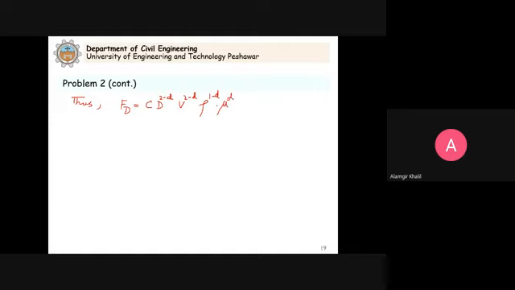Now you just need to simplify this. So when you group the variables according to their exponent, what we will get?